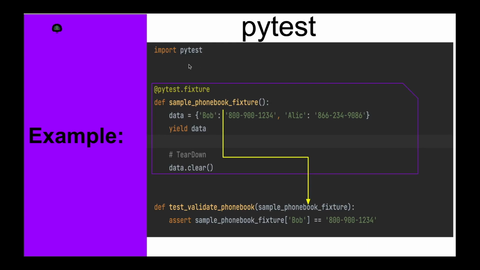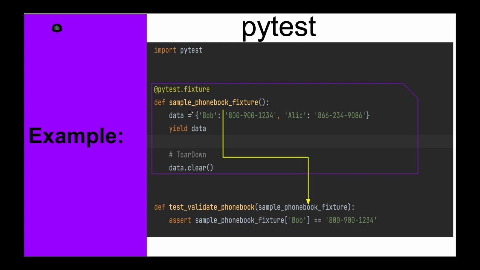Here the pytest.fixture annotation is defined on this method. When you define it, this is going to be a fixture, and you define your setup data, and once your data is set up, then yield the data. Once your test case calls it, it sets up that data, and once your test case ends, it calls back, and this data clear is the tear down step.